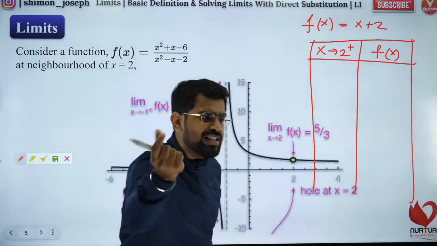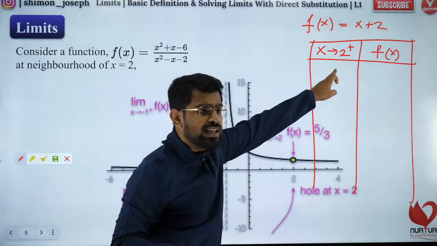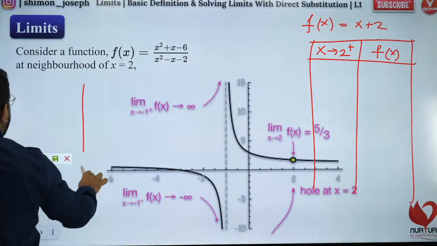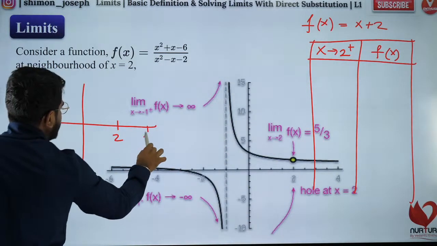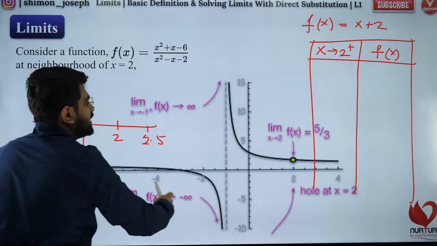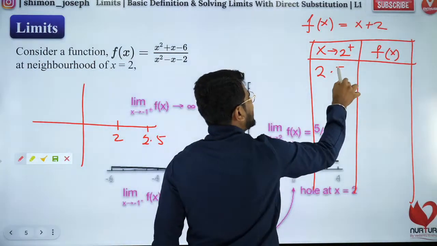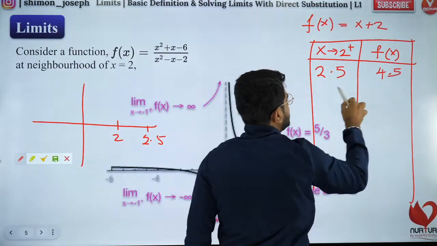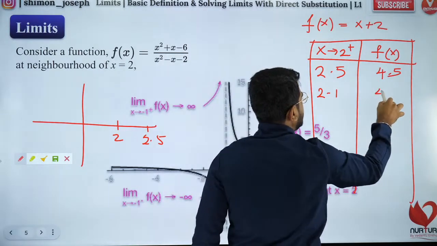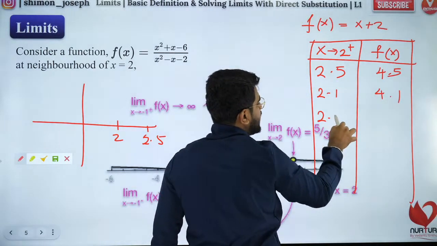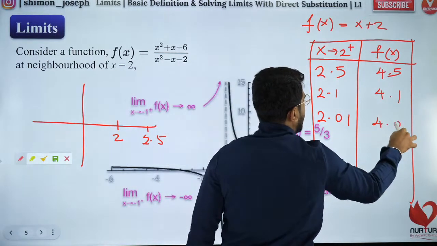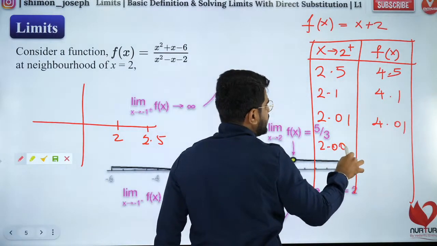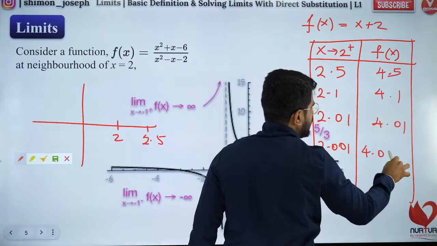Now people, let's be fast. What is the right side of 2? I will start from 2.5. So 2.5 is on the right side of 2. When I do that, I'll get 4.5. Then I'll come closer. 2.1, it will be 4.1. I'll get 2.01, I'll get 4.01. I'll get 2.0001, I'll get 4.0001.